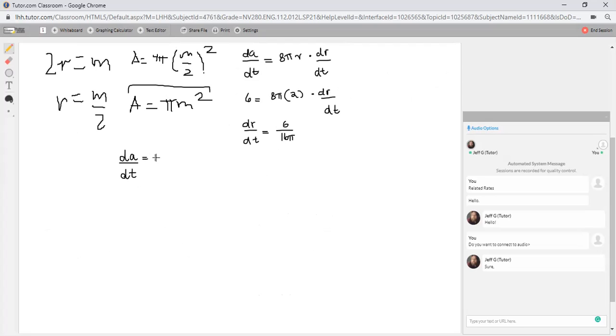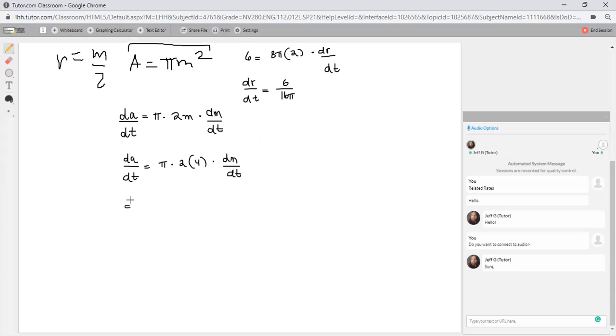So dA over dt, we'll take m here, multiply by 2, m, then dm over dt. Since we've taken the derivative of both sides, we can say that dA over dt, surface area, is equal to pi times 2 times m, which we said was 4, times dm over dt.